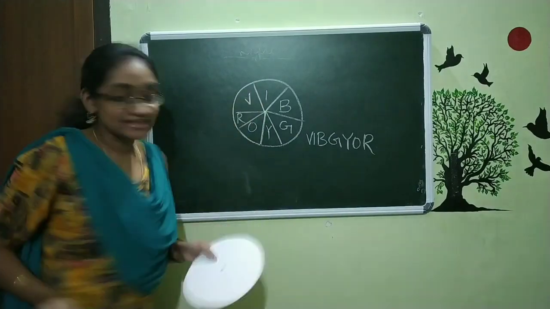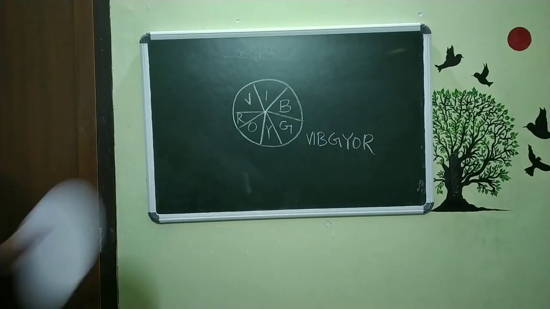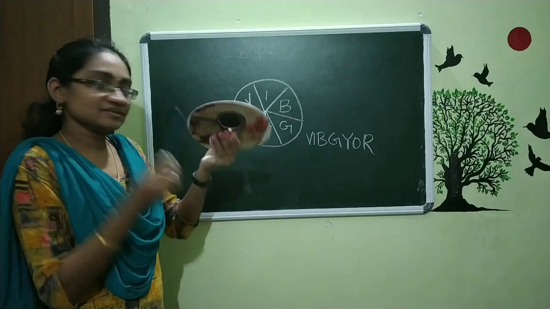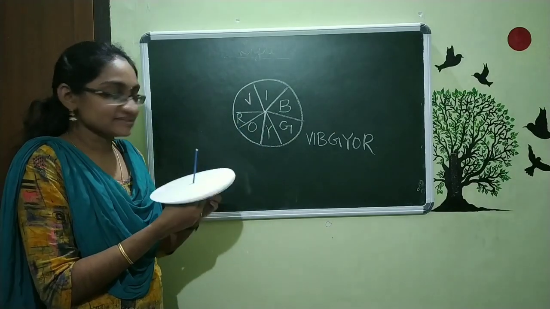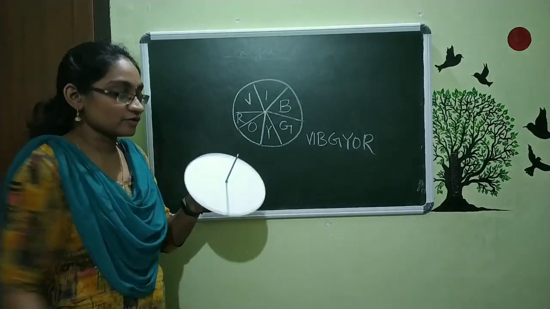You give the colors, and then at the center put one hole and some sort of stick or something. Take it and rotate this.